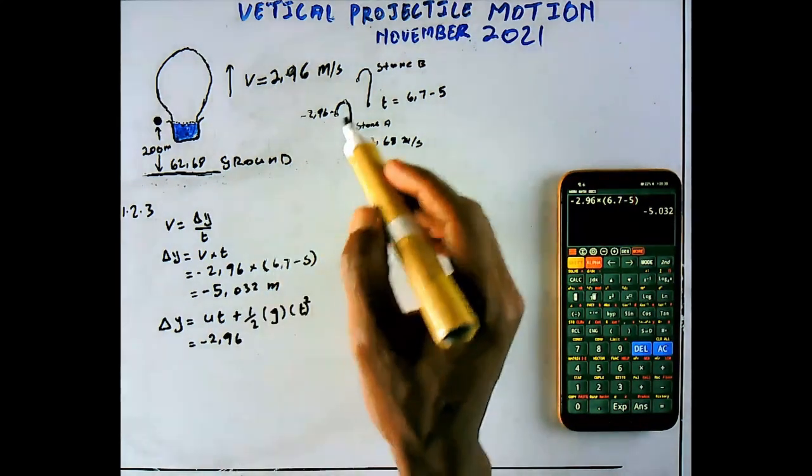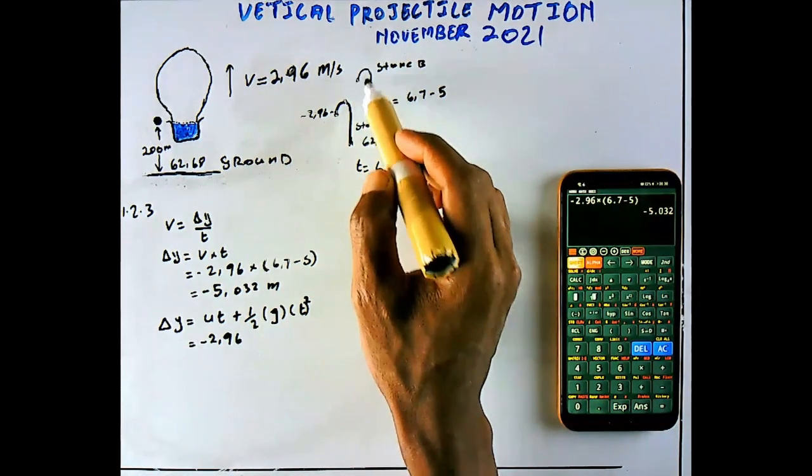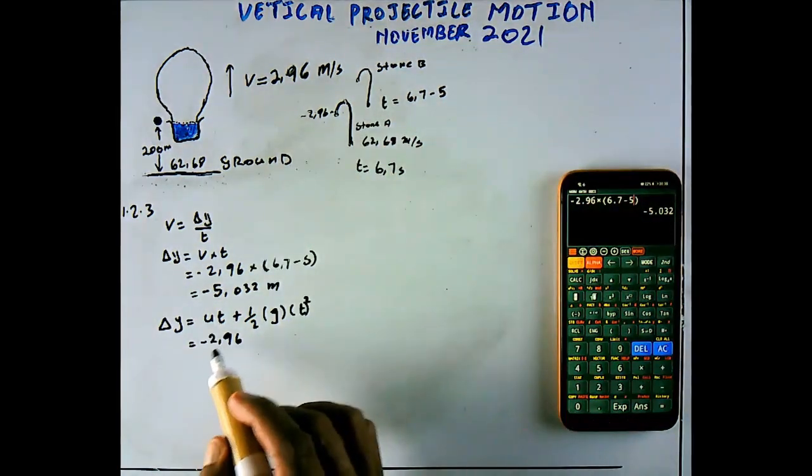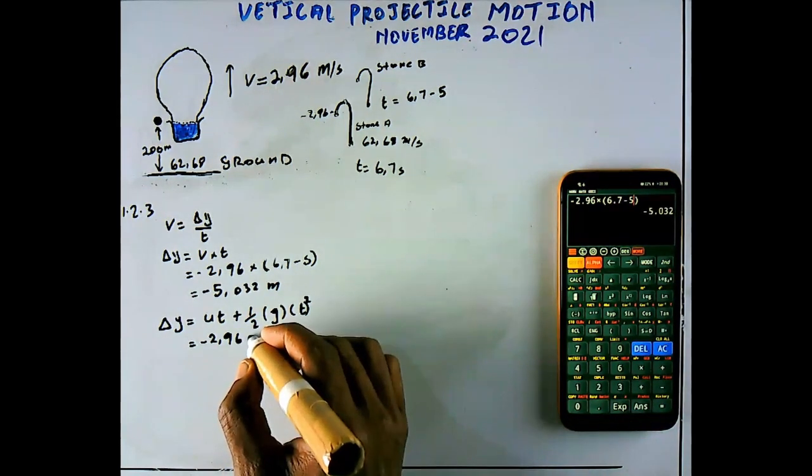It's negative because the stone started by going up first before it goes down. So we have to put negative here. It's going to be wrong if you put positive.